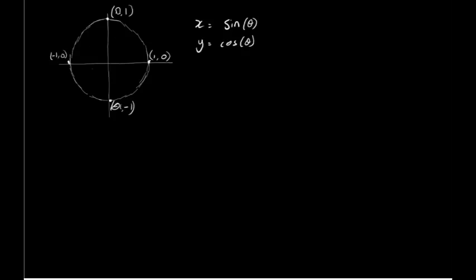So if I've got a point anywhere along here, I can draw a triangle depending on the value of the angle, and I'm going to have a positive x value and a positive y value.